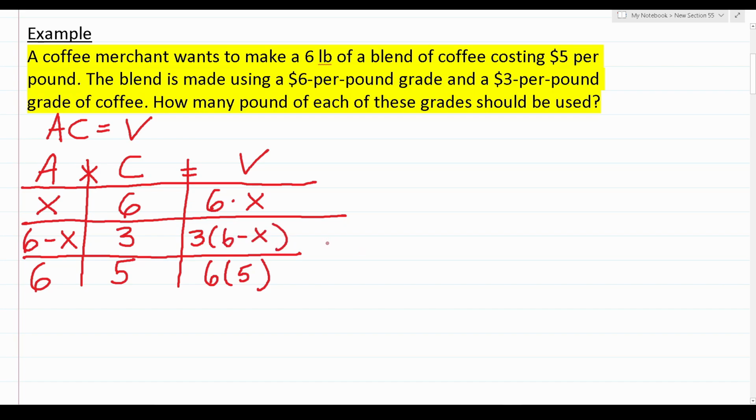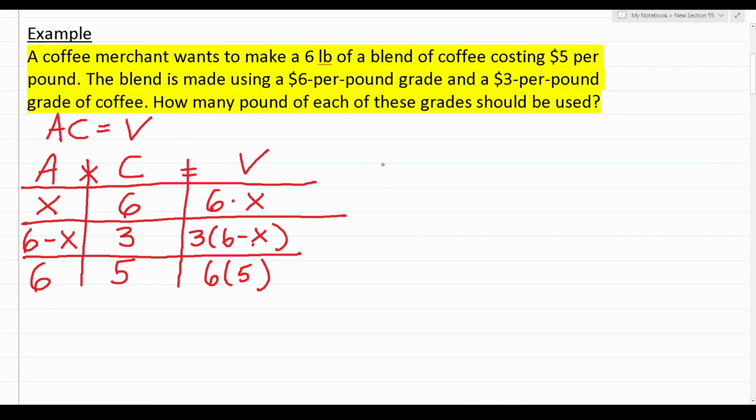All right, so now we've set up our table correctly. And all we have to do at this point is decide how we're going to solve for X in this case. Well, let's think about it logically. We know that the value of this blend plus the value of this blend has to equal the value of this blend.